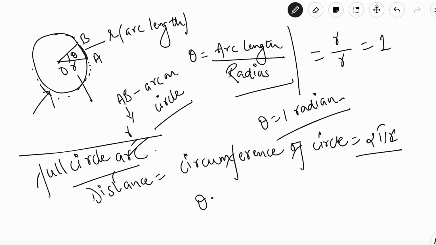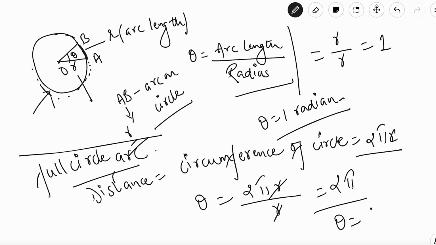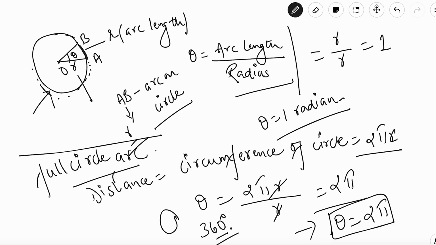So the radians will be the arc length, 2 pi r, divided by the radius. r will get cancelled, so it is 2 pi. So the radian of a full circle is basically 2 pi. In terms of degrees, a complete rotation is 360 degrees, while in radians it's 2 pi radians.